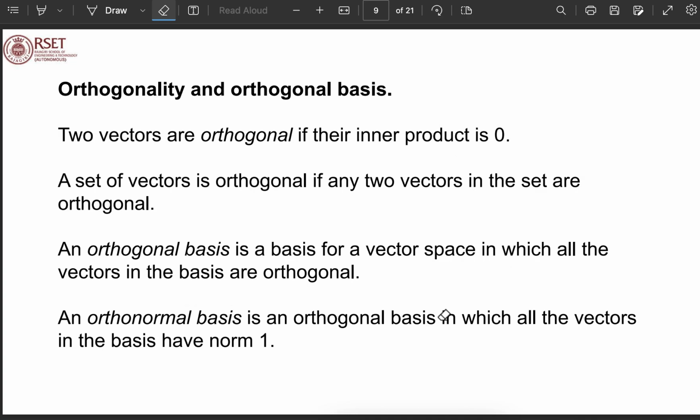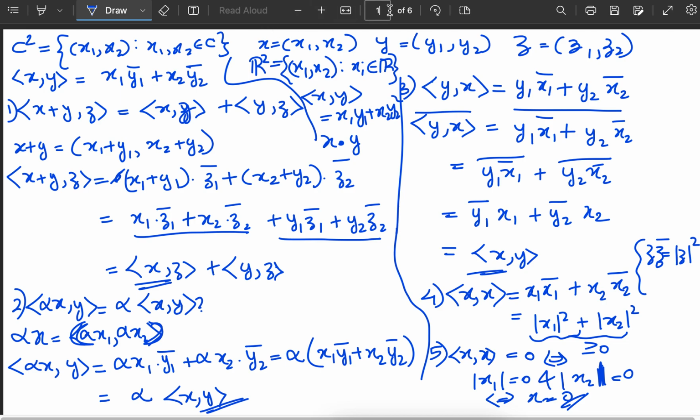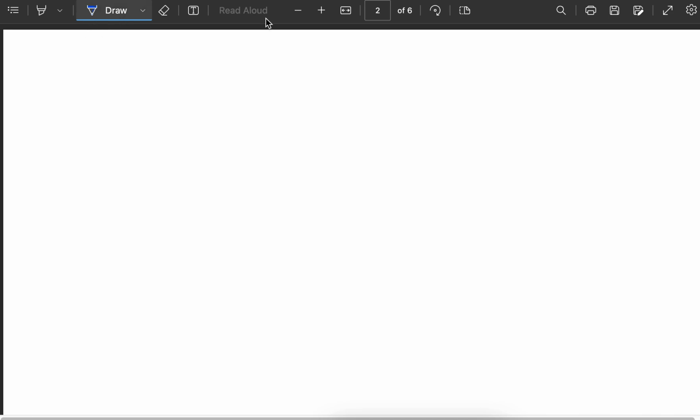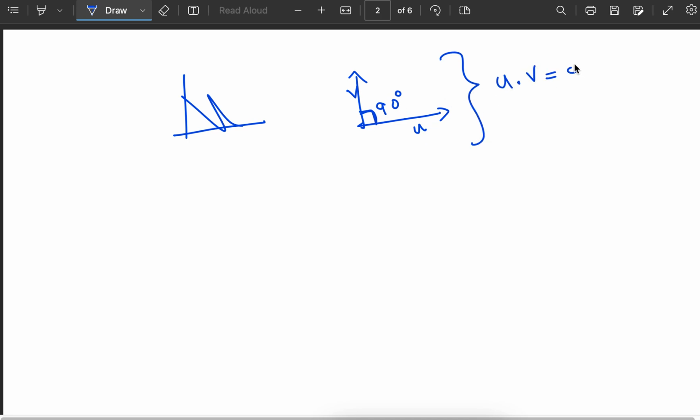Next topic is orthogonality and orthogonal bases. Two vectors are orthogonal if their inner product is 0. Consider two vectors in R2. We say that these vectors u and v are orthogonal if the angle between them is 90 degrees, or we say that u dot v is equal to 0.